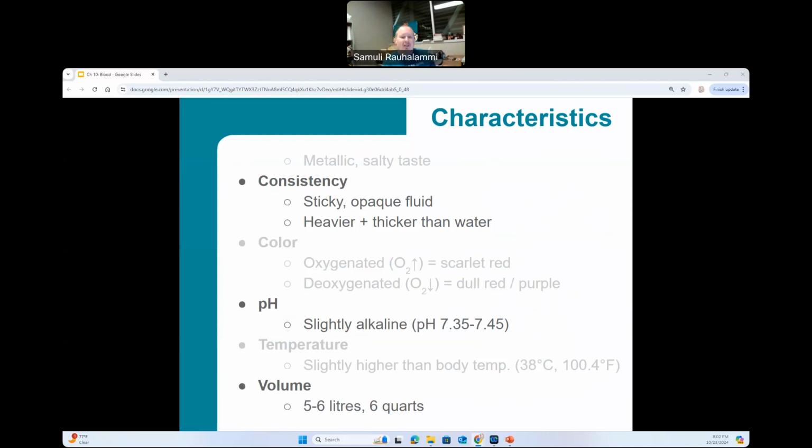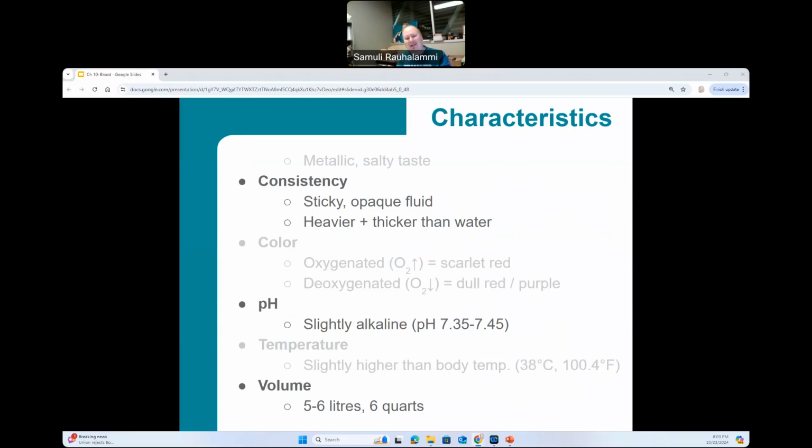Other things to notice: the pH of the blood is a little on the alkaline side, somewhere between 7.35 and 7.45. The pH regulation, I think, is pretty outstanding for what the body is able to do. The temperature of the blood is a little warmer than body temperature, at 38 Celsius or 100.4 Fahrenheit.